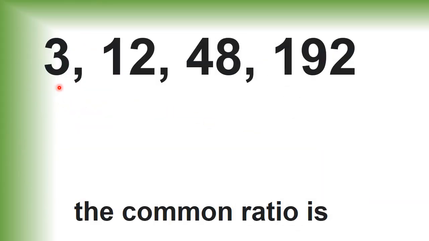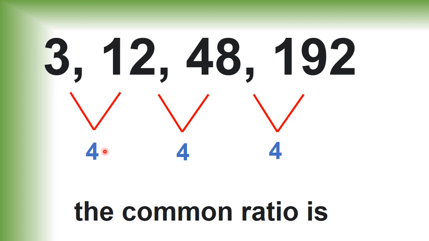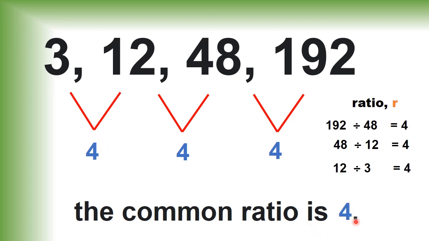Given the sequence 3, 12, 48, 192, let's find out their common ratio. 192 divided by 48 equals 4. 48 divided by 12 equals 4. 12 divided by 3 equals 4. So their common ratio is 4.